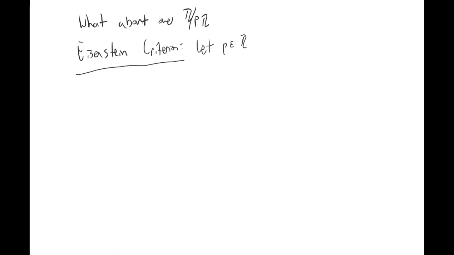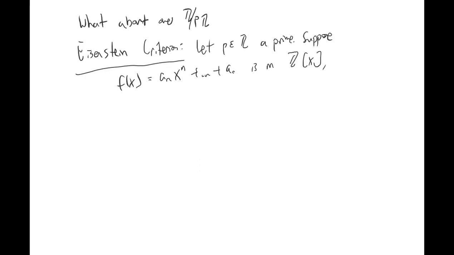Let p be a prime in Z. Suppose f(x) = a_n x^n + ... + a_0 is in Z[x], and a_n is not congruent to 0 mod p, and a_i is congruent to 0 mod p, and a_0 is not congruent to 0 mod p squared.